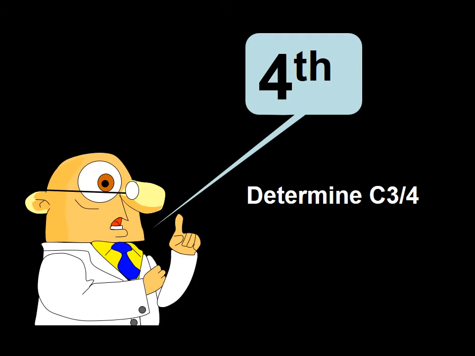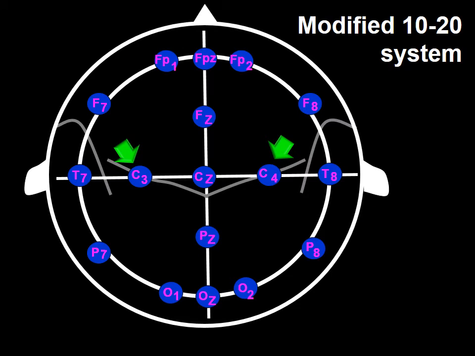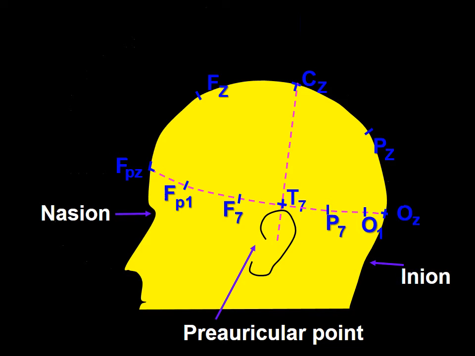The fourth step we take in the process of placing surface EEG electrodes is to determine C3 and C4. I have represented in this diagram the intended location. We do the left side first. We measure the distance between ZC and T7 and halve it. So we determine the site for C3 and do the same for C4 on the other side.